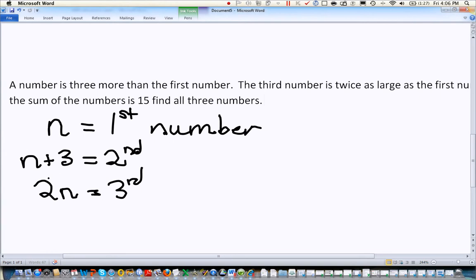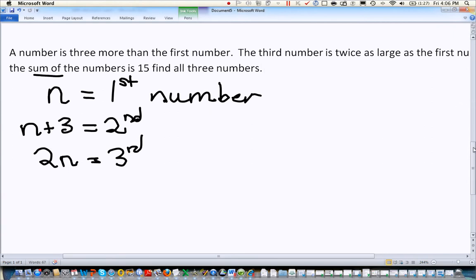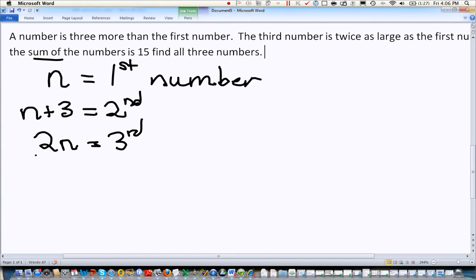Well, we're going to add them all up because the sum of them is 15. So we add them all up, and remember, 2n plus n is 4n plus 3 is 15.